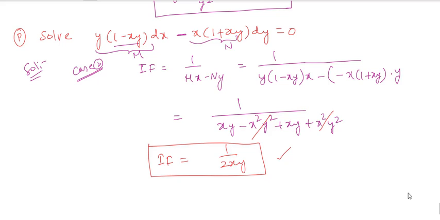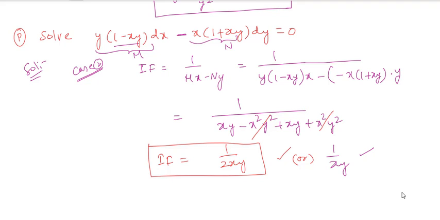If I want to get the solution, I need to multiply that equation with 1 by 2xy. Instead of taking 1 by 2xy, our integrating factor can be 1 by xy also. That constant doesn't make any impact. So the integrating factor is either 1 by 2xy or 1 by xy.